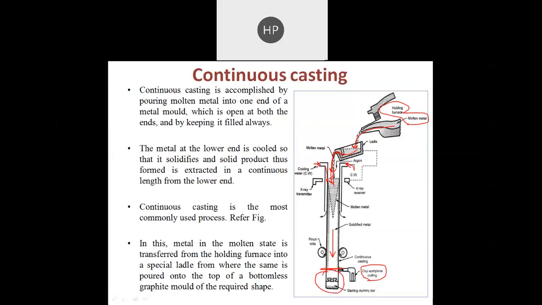Then from here we cut it, and as it continuously goes down, after 20 to 30 meters, whatever length we require, again we cut, again it is pulled down. So this process is used continuously, that's why it is known as a continuous process. We can produce the same product continuously for a long length, and that's why it is known as the continuous casting process. So this is another casting process, known as the continuous casting process.